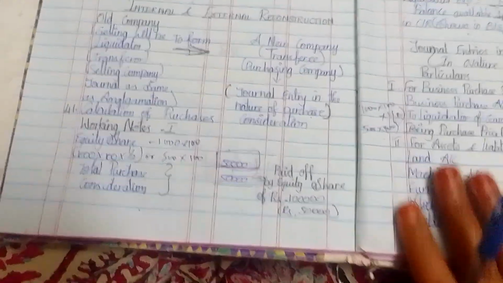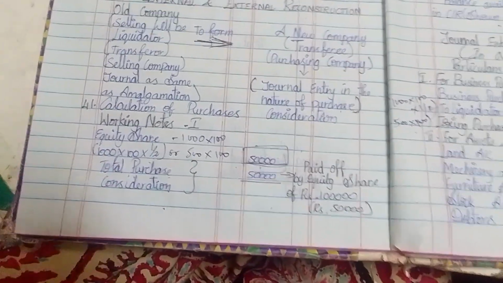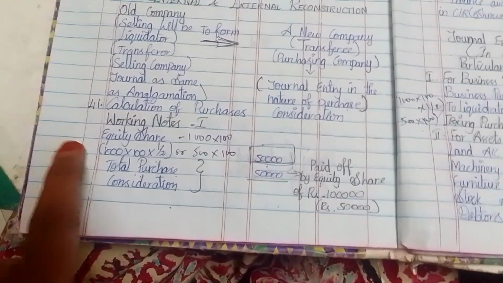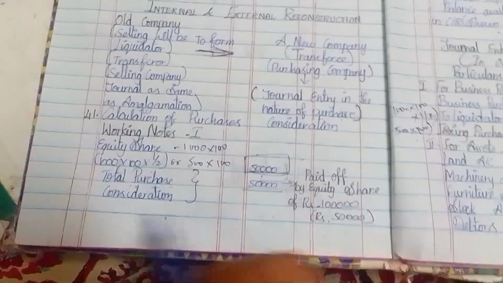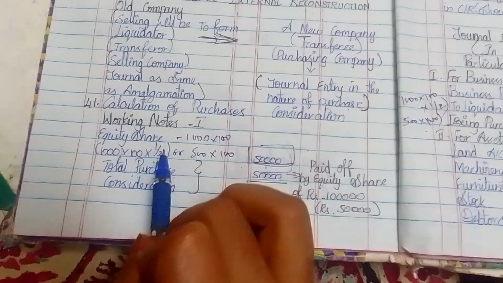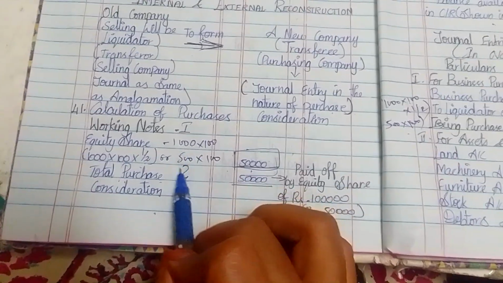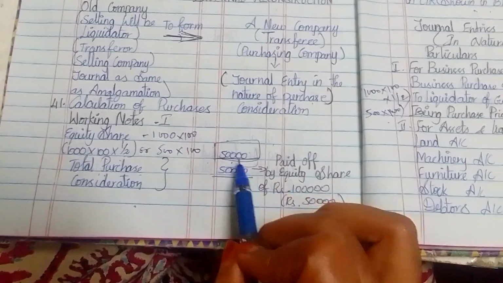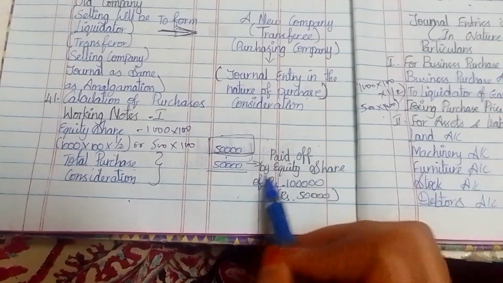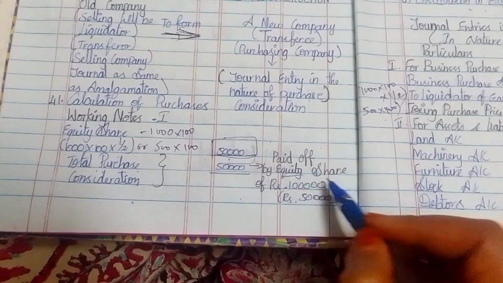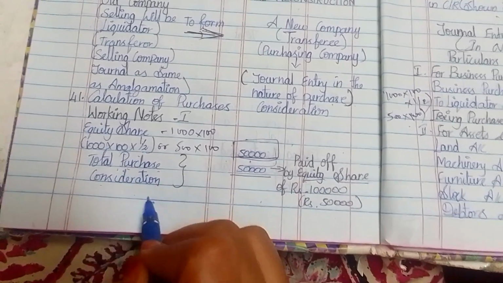Again I am repeating: in the question they have given 1000 rupees as a share, but that 1000 is divided into 2, so 1000 into 100 into 1 by 2. You can use this method, or else equity as 500 into 100, that is 50,000. That is paid off by the equity share, and that is called the purchase consideration.